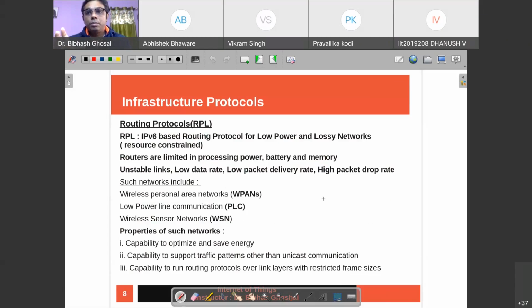Well, the data that is going to be sent is an IPv6 packet. Now I will come to why IPv6 was required. It's Internet Protocol version 6. It's a way of addressing your devices.